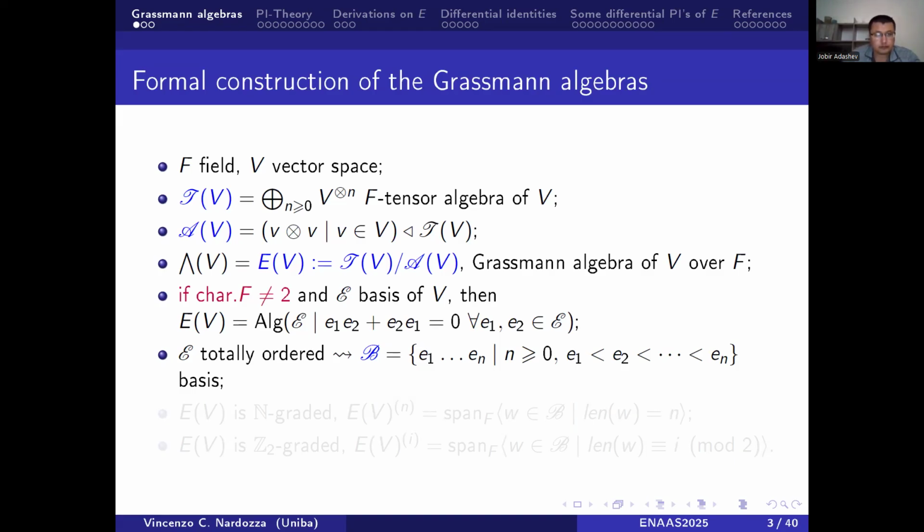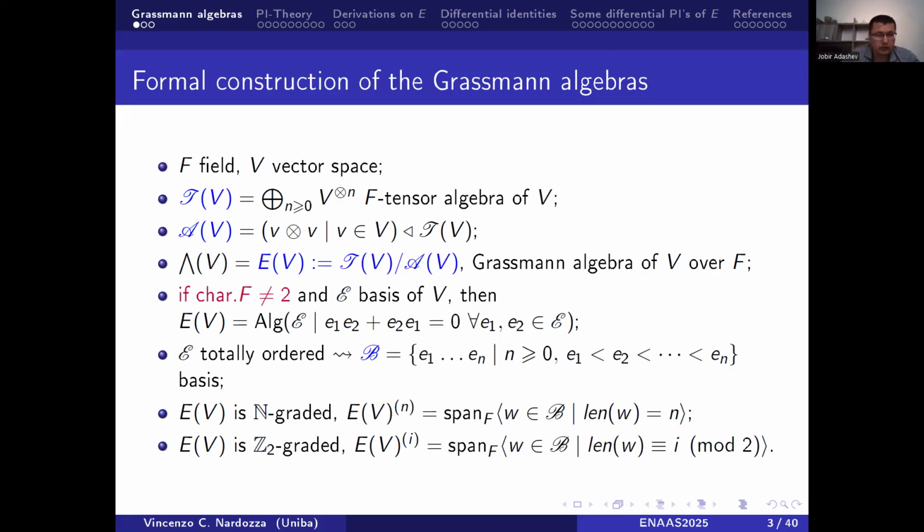Moreover, if the fixed basis is not just a basis, but we fix a total order on it, then we have a natural basis for the Grassmann algebra constituted by all the standard words on the alphabet B. So all sequences e_i1, e_i2, ..., e_in, with the e_i taken in B, listed in strictly increasing order.